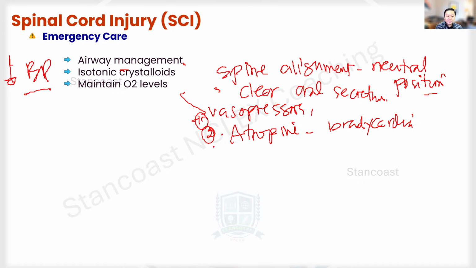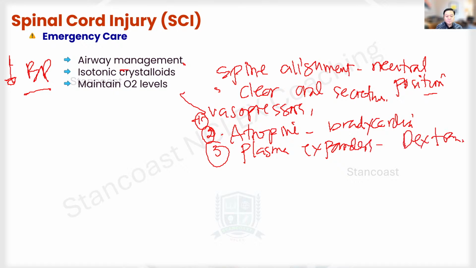Now, another treatment during the emergent period, we're going to expect the administration of the plasma expanders like the dextran. This is going to treat the hypotension secondary to the spinal shock. Okay, so please expect that. Again, don't forget about the atropine to treat the bradycardia.